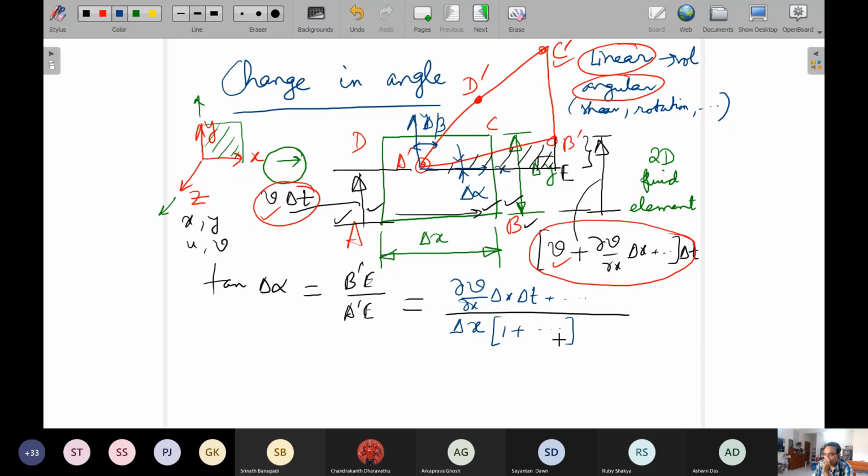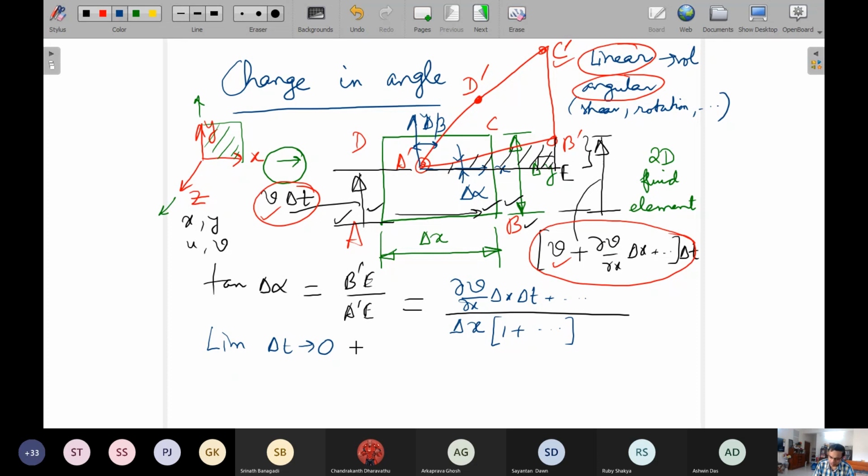Now we are making certain considerations. The first consideration is you take the limit as delta t tends to 0. Again, the purpose is very clear, that we want to consider the instantaneous scenario, and also at the point x comma y comma z.